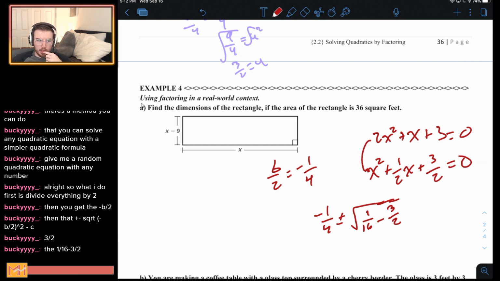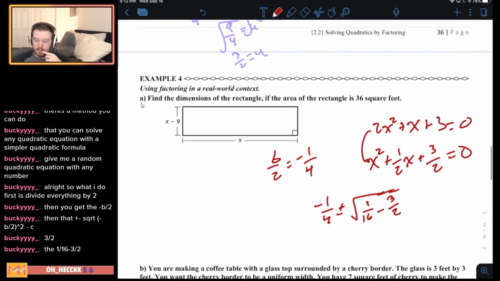And then, so no all over 2a in this situation, right? So negative 1/4 plus or minus the square root of, so 8/8. So that's 1/16 minus 24/16. So that gets me negative 1/4 plus or minus the square root of negative 23/16.